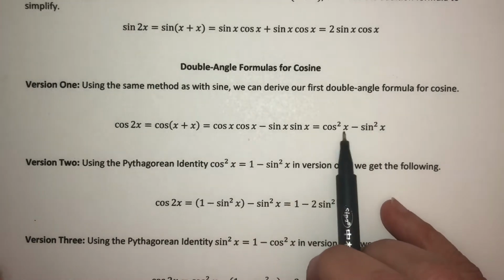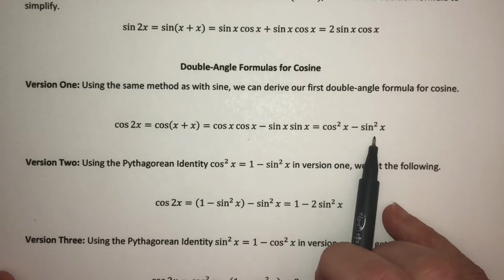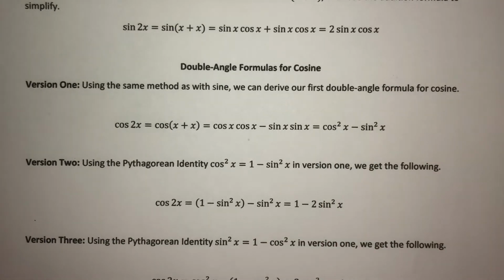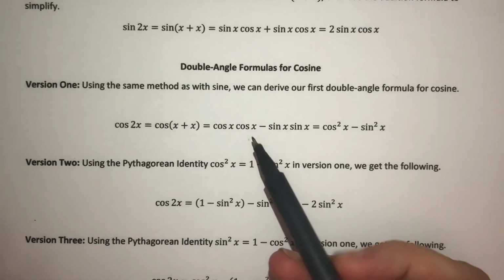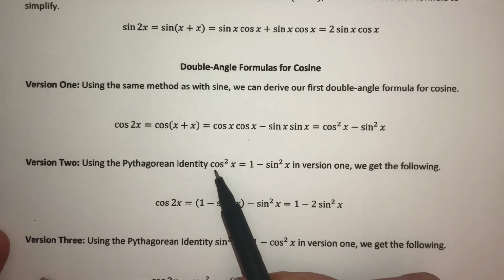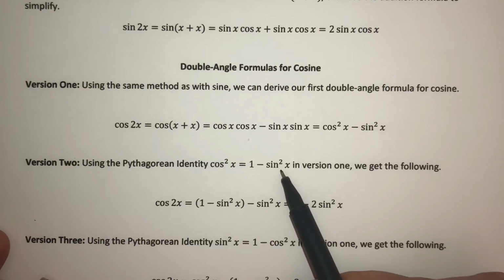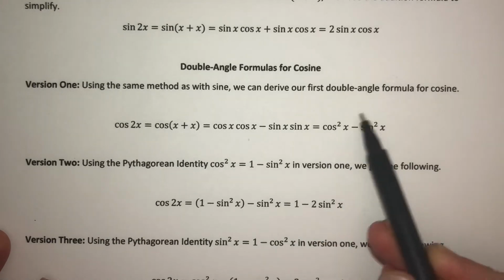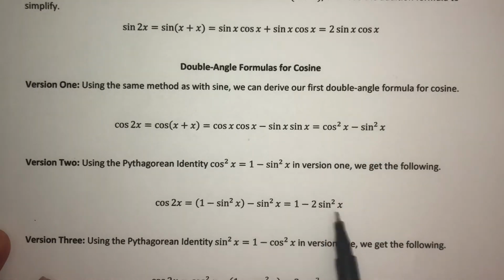Now, because we have cosine squared here and sine squared here, we can use a Pythagorean identity in one case where cosine squared is 1 minus sine squared x, and plug that into here, and then we can get a formula using only sines.